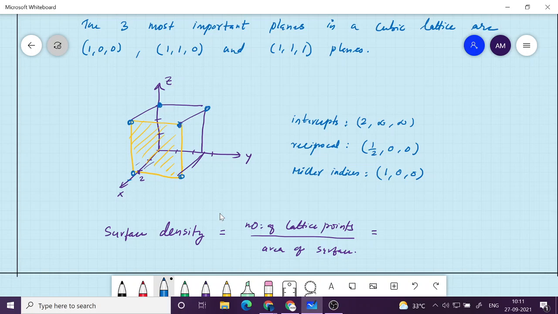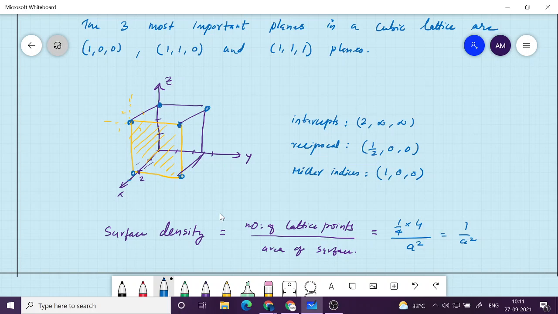The atoms are shared between 4 such surfaces. Okay, this is one surface. So these are the 4 surfaces, 1, 2, 3, 4. So we are considering this 4th surface. So this particular lattice point has 1/4, into 4 such lattice points, and the area is basically a square. So this is 1 by a square.